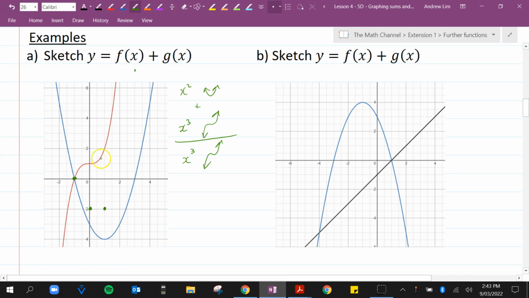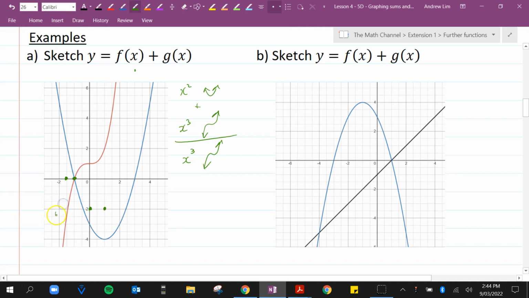It seems like this one here is about 2.4, and this one here looks like it's about negative 2.4. So when we add them together, it looks like they'll add to 0. And now it looks like I can form a graph that will be in the shape of a cubic.